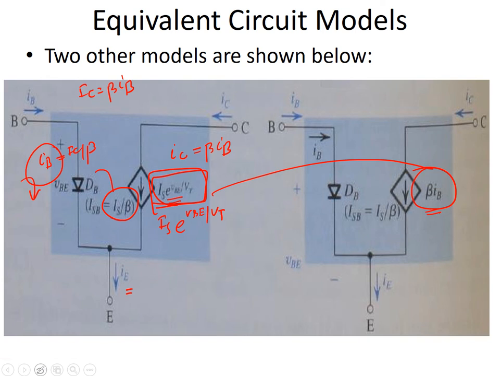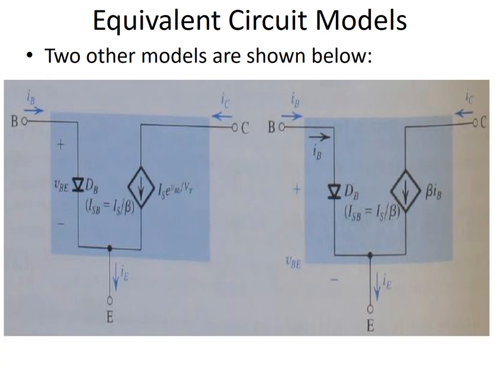Okay, for example, let's say I have a numerical question to solve, and I am given the value of IS, the saturation current, I have been given the value of beta, and let's say I have been given the value of this base current. IS is given, and let's say I have to calculate the rest of the values.